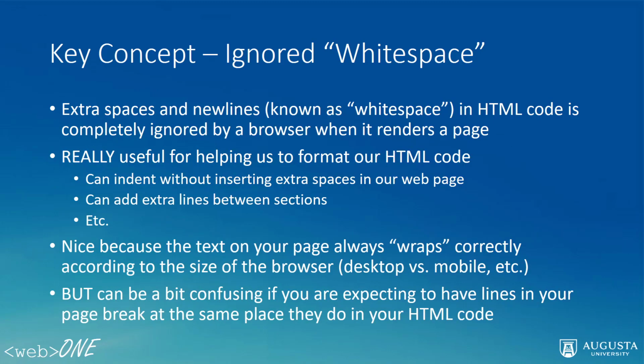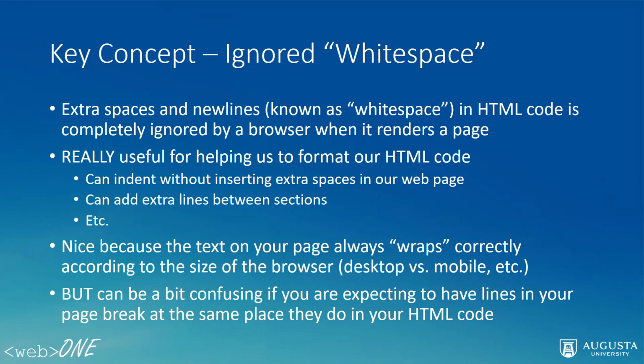Here, it's good to talk about white spaces. White spaces are characters that you cannot see on the screen, but you feel the effect of them, like a space character, like a new line character, like a tab character.